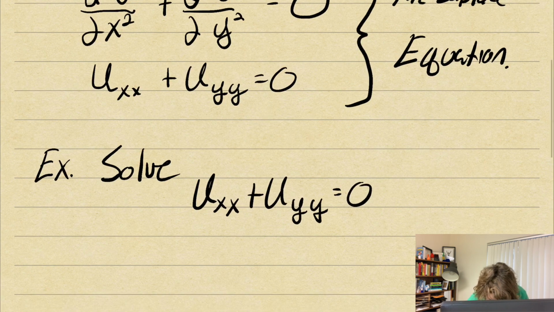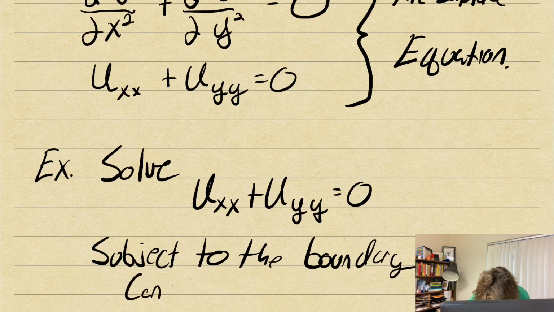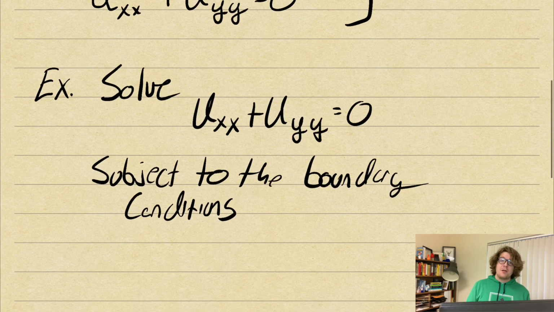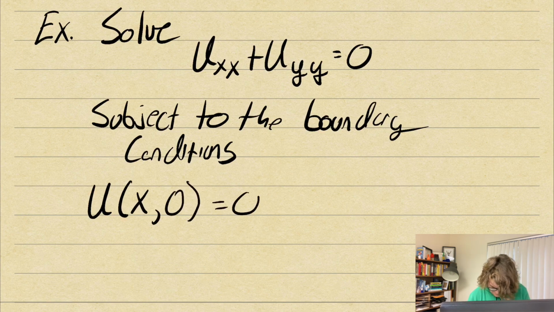subject to some boundary conditions. Notice now in the Laplace equation, we're not going to have initial conditions because we're not time dependent. We're purely space dependent. So all of our conditions are going to be boundary conditions. So we'll have something like, let's say, u of x, 0 equals 0.